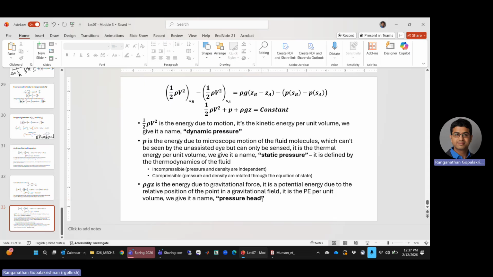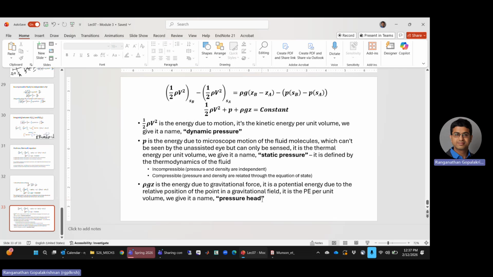Now, can we consider some limiting cases, some special cases which are easy to reason about? What happens when you have a static fluid?